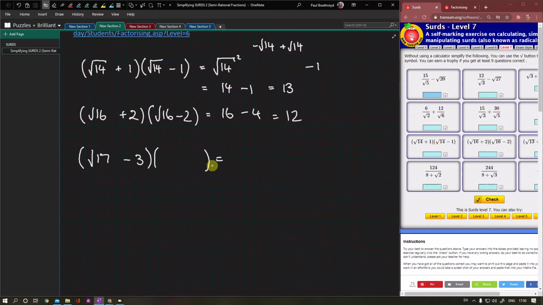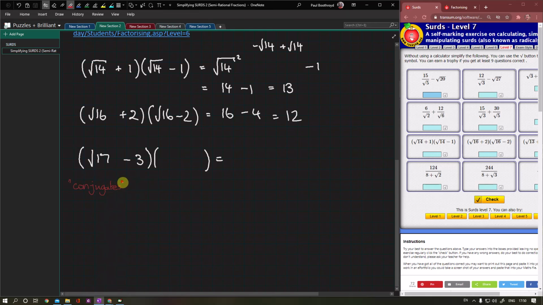Now this is a powerful technique. There's an area of maths called complex numbers, and in complex numbers this leads to something called a conjugate pair. And we're using the same sort of pattern. We're looking for a pattern where the first thing is squared, so that gets rid of the square root of 17.